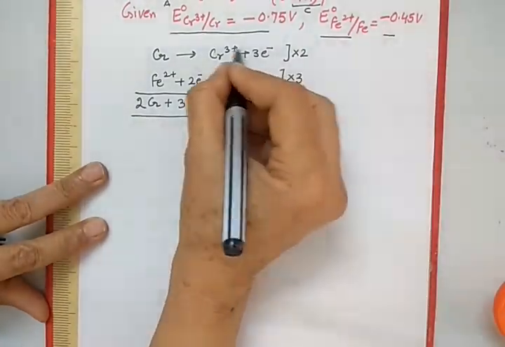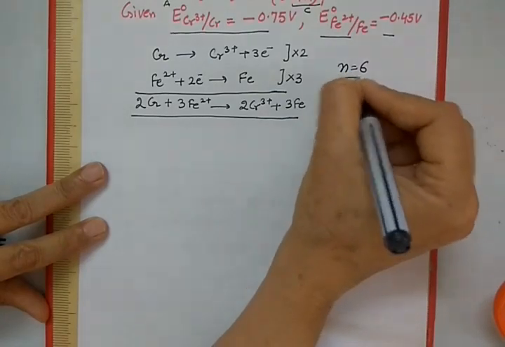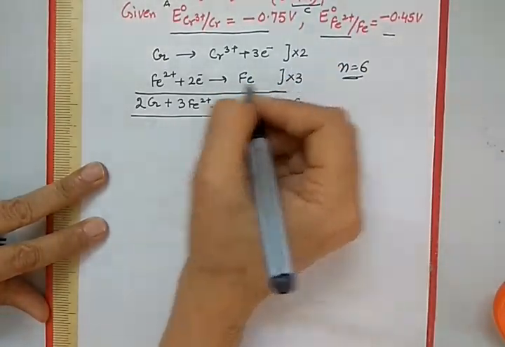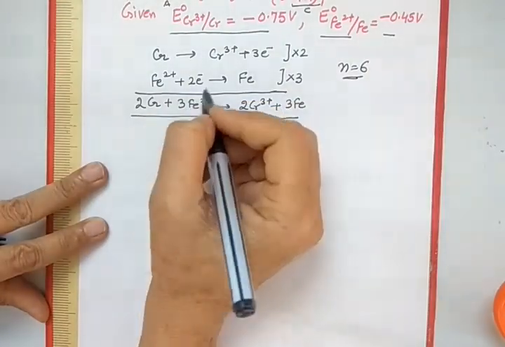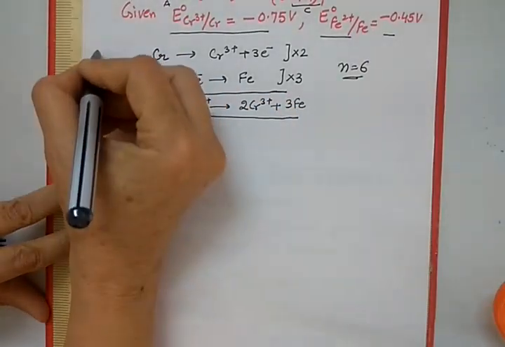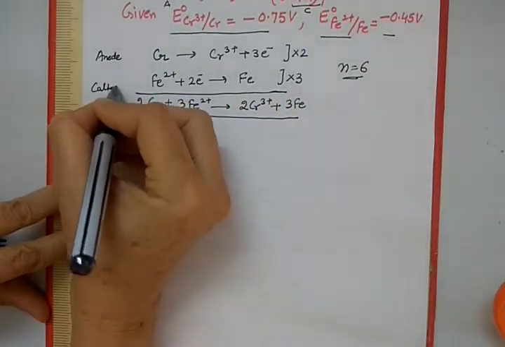And how many electrons are being exchanged? n is equal to 6. 3 twos are 6 electrons lost by chromium and 6 are taken up by iron. So n is equal to 6. And this is anode and this is cathode.